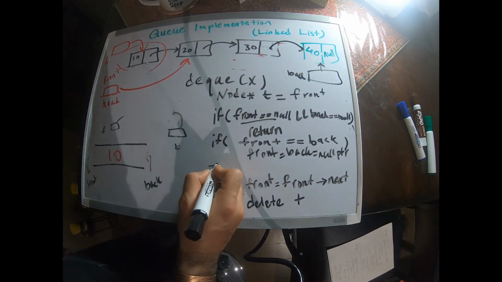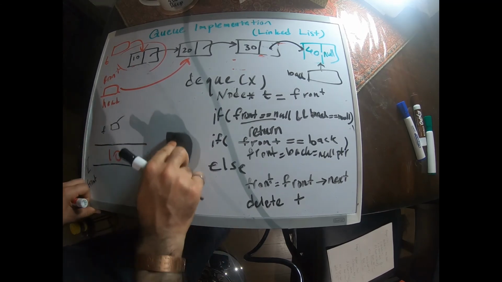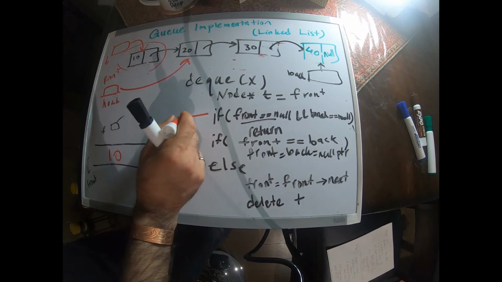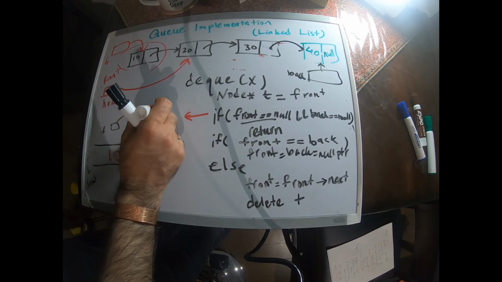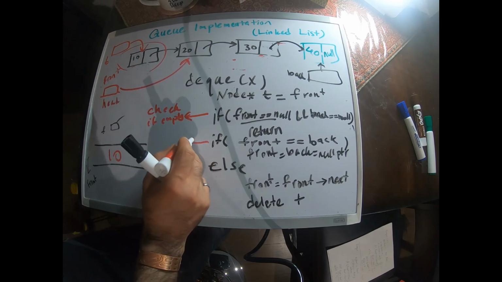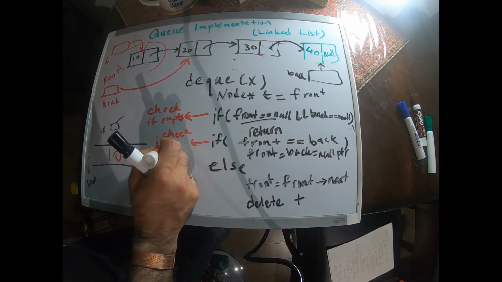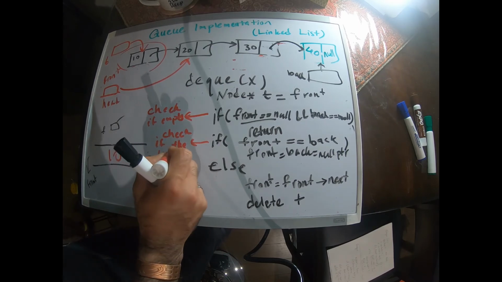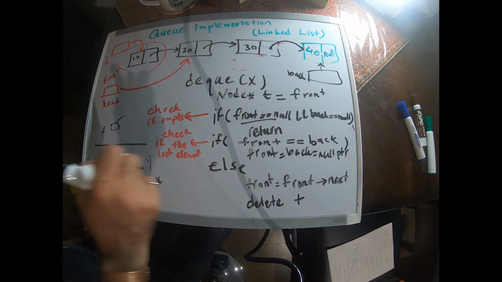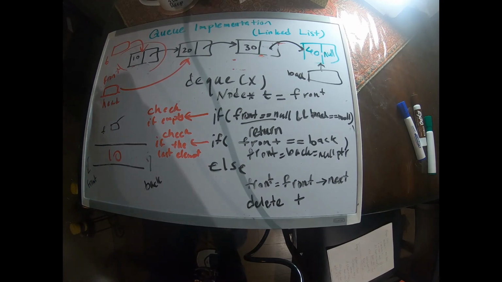Else we do this part, right? So this is to check if empty. This is to check if this is the last element. And this is otherwise.